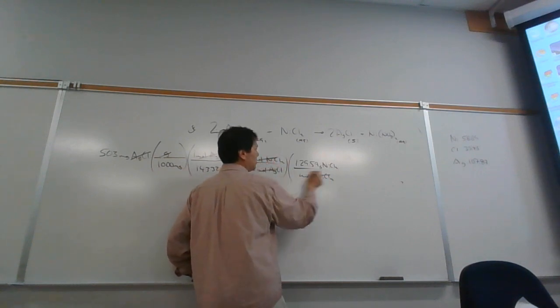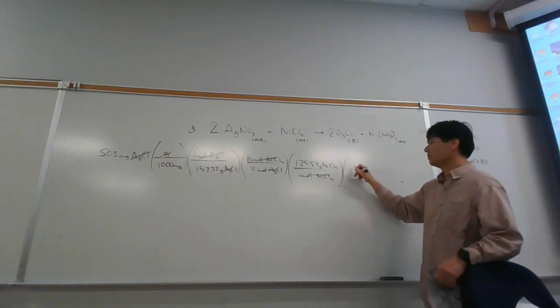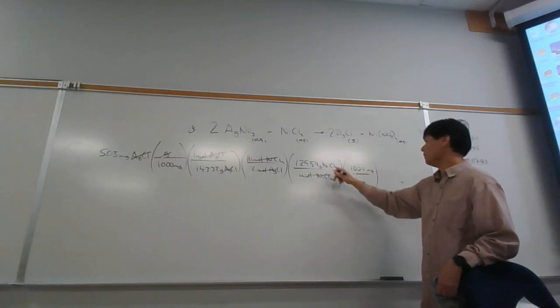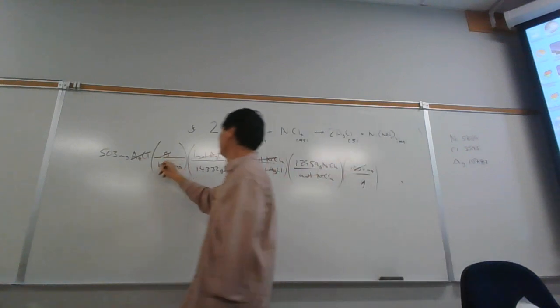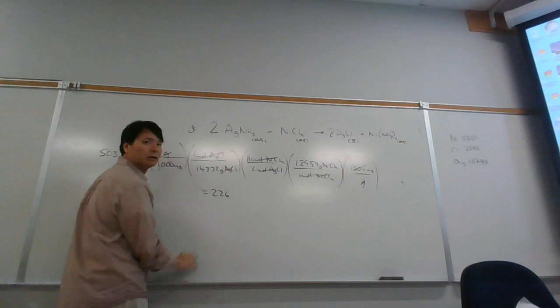And so I have grams of B, and then we don't want grams, they want milligrams. So we'll do a milligram conversion here. That is 1,000 milligrams per gram. And so the grams cancel, that leaves us with milligrams. 1,000 will cancel too. And so you got 226 point.